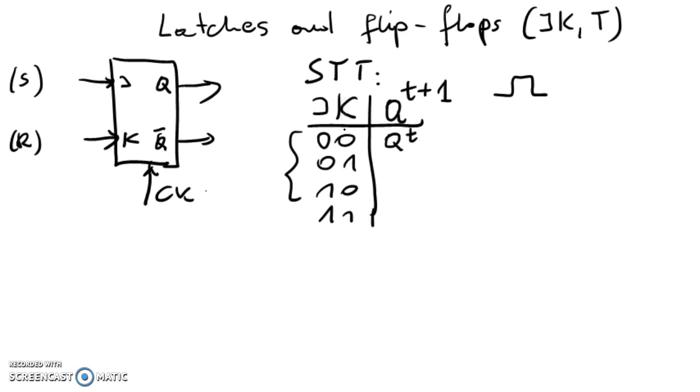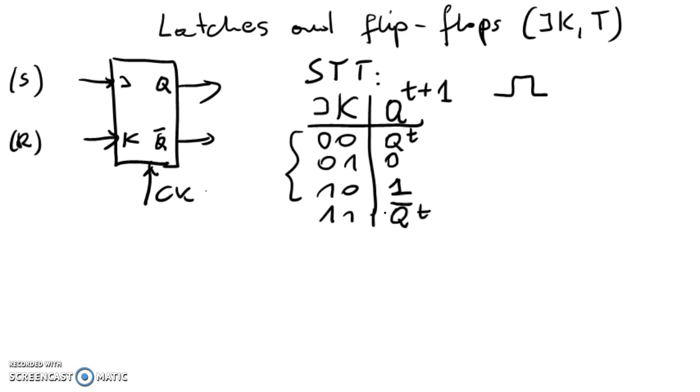0 1 is the reset input, so you must put 0 here, and 1 0 is the set input. J is the set input, so 1 is the new value of the memory. And in the case of 1 1, which is not allowed in the case of SR, for JK you've got the inversion of the content of the memory.